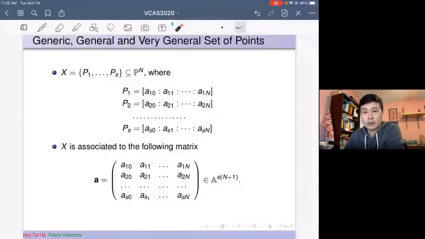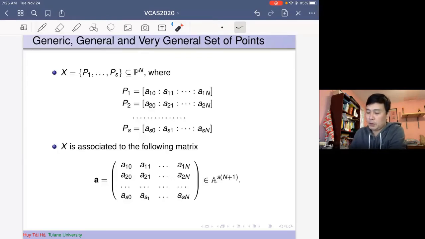If I put the coordinates together, I get an s by n+1 matrix. I can view this matrix as a point in the parameter space, the affine space of dimension s times n+1.